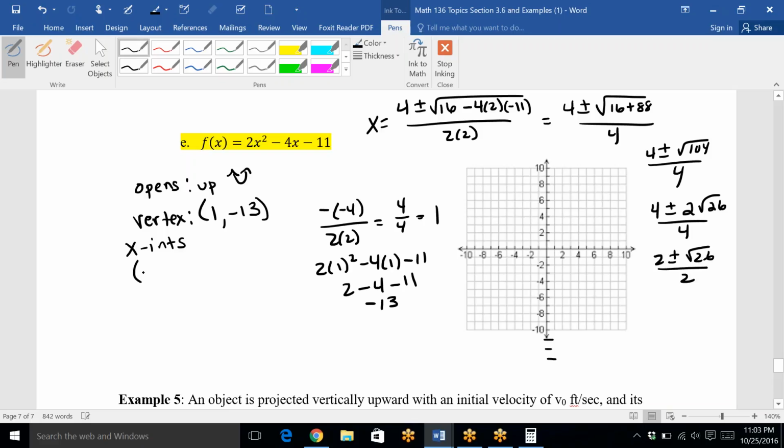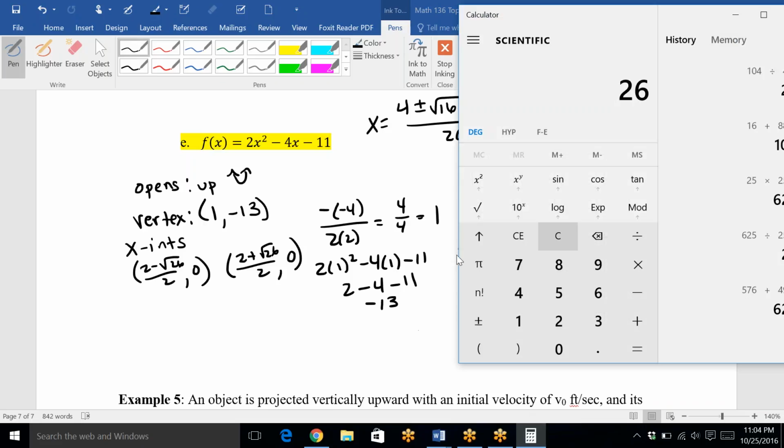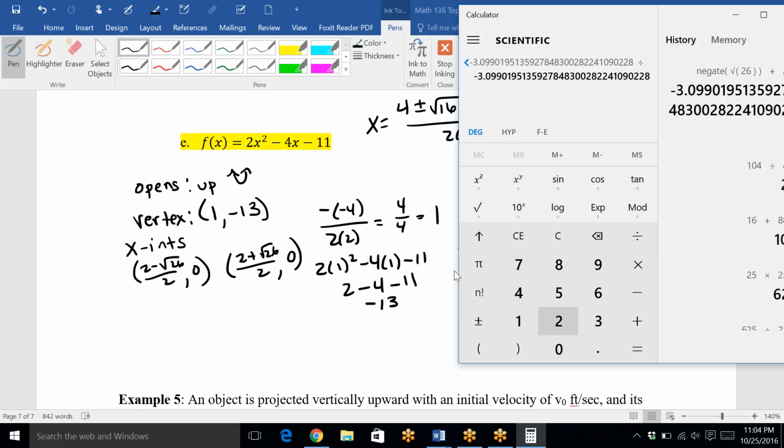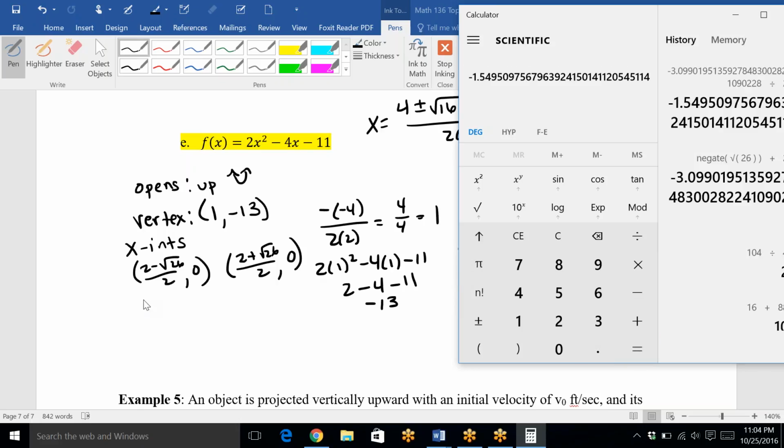So I have two x-intercepts. One is 2 minus the square root of 26 over 2, comma 0. The other one is 2 plus the square root of 26 over 2, comma 0. Obviously, when you graph these, you want the decimal approximation. So take the square root of 26, make it negative, add 2 to that, and then divide by 2. My first x-intercept is about negative 1.5.